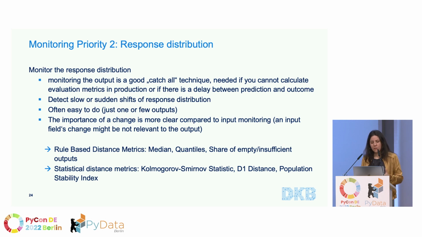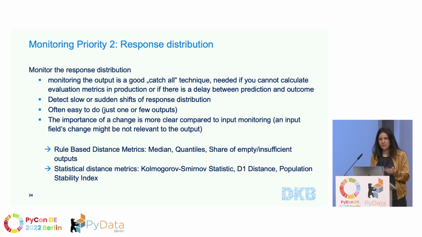This is a good catch-all technique because you don't need to wait for the true signal, and you can also use it if it's delayed. This can detect sudden shifts. For example, let's say your median or your 95 quantile of your score has always been at some value, and suddenly it dropped a lot. So probably something happened.